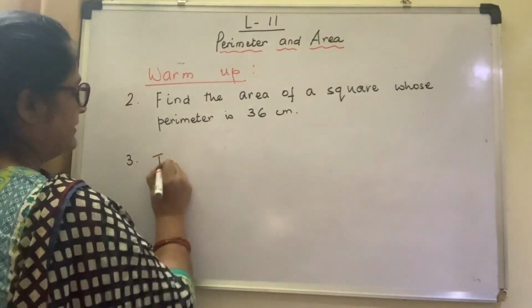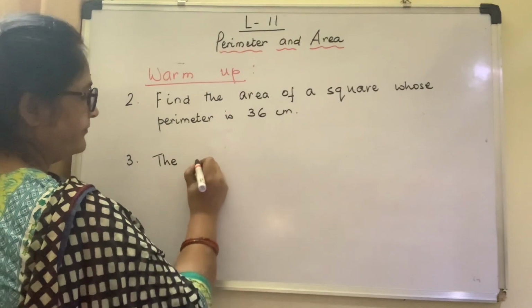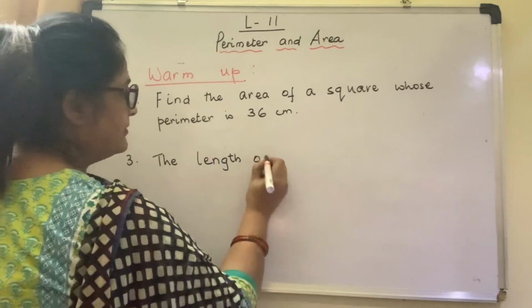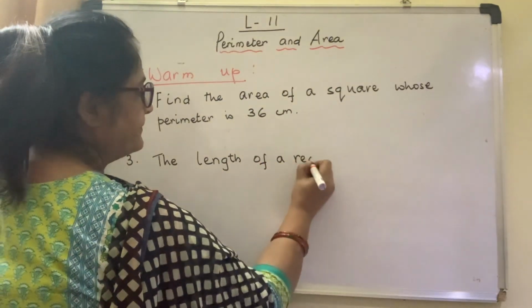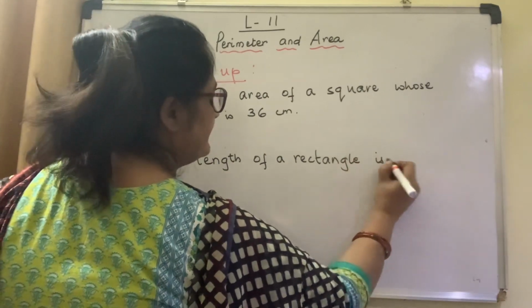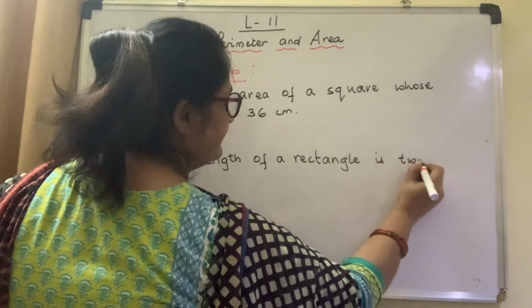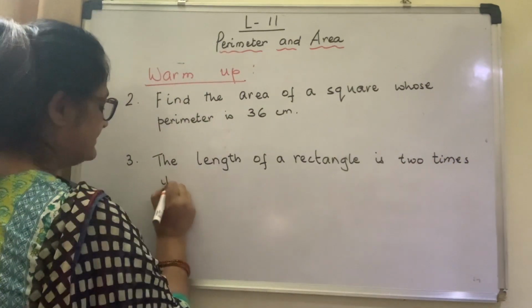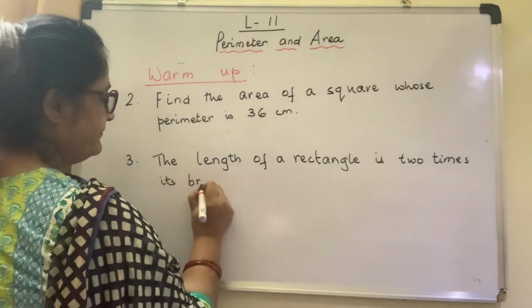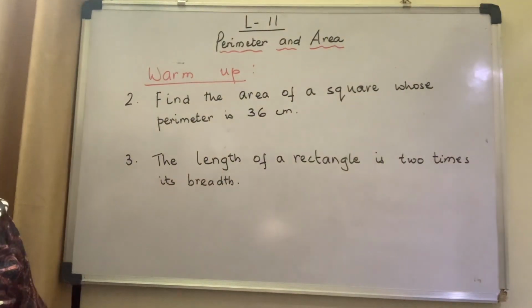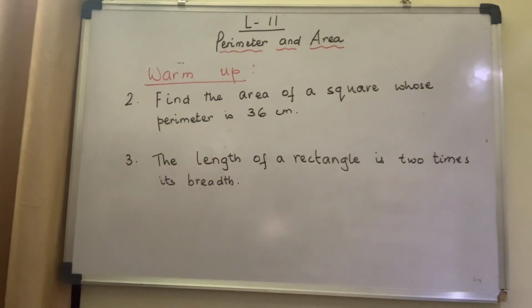The length of a rectangle is 2 times its breadth.